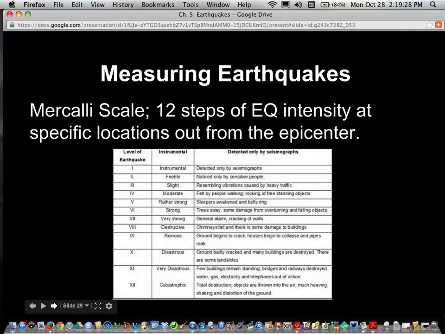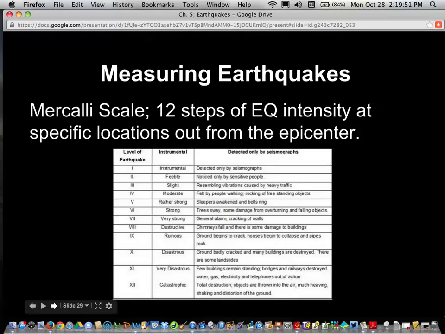If you kick down to number 7, very strong, general alarm and cracking walls are characteristics of that level. If you kick it down to level 9, ruinous, the ground begins to crack, houses begin to collapse and pipes break.